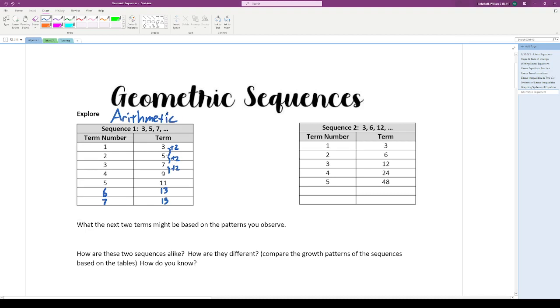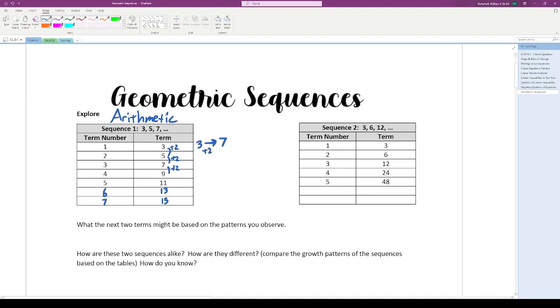So we can characterize that as taking some number of steps forward being repeated addition. So if I wanted to go from a first term of 3 all the way to a seventh term, I know that I'm doing plus 2 at each step.